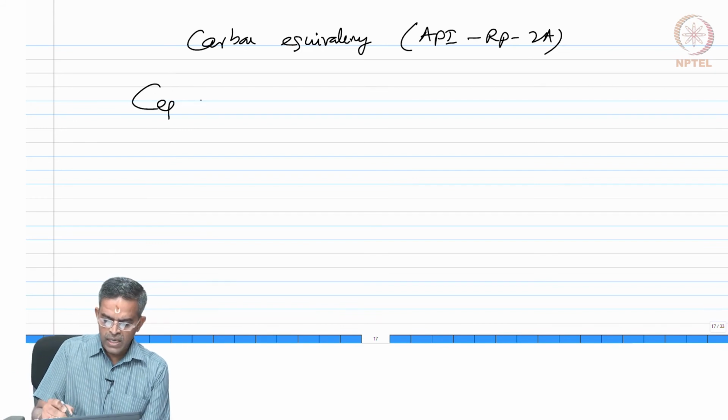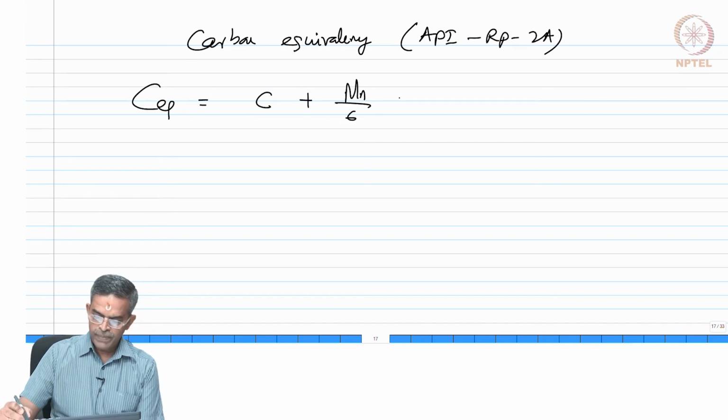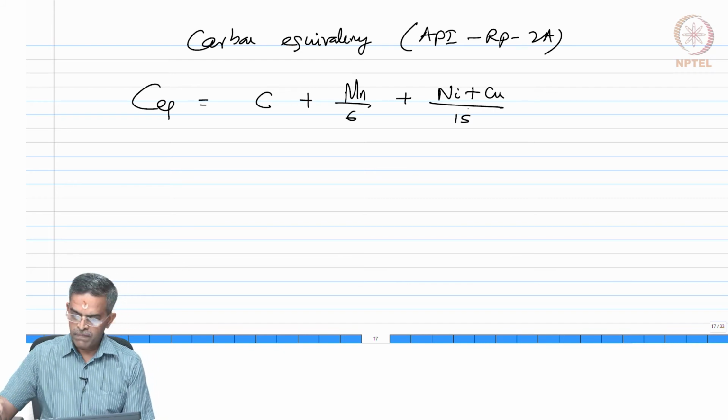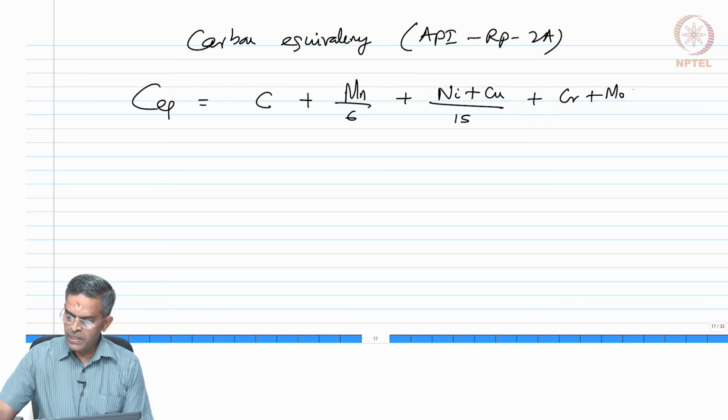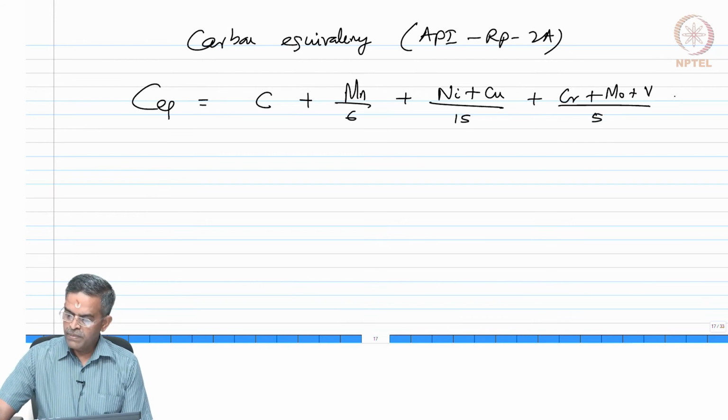Carbon equivalency is equal to carbon plus manganese by 6 plus nickel and copper by 15 plus chromium, molybdenum and vanadium by 5, in % by weight.